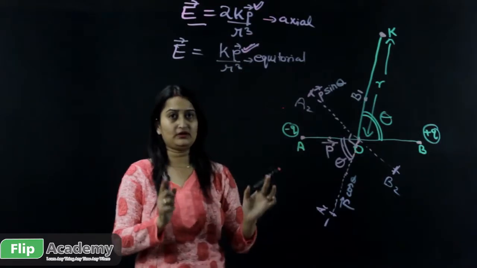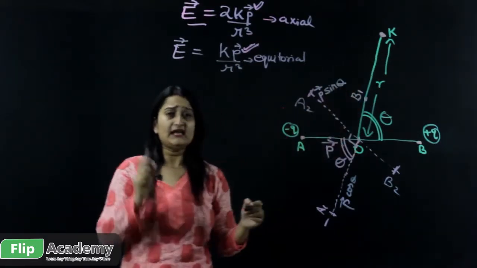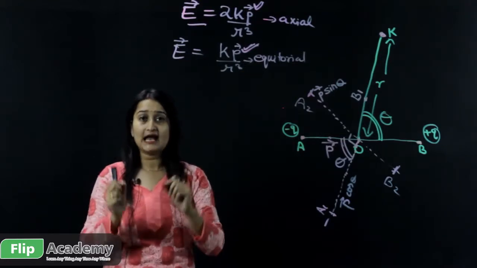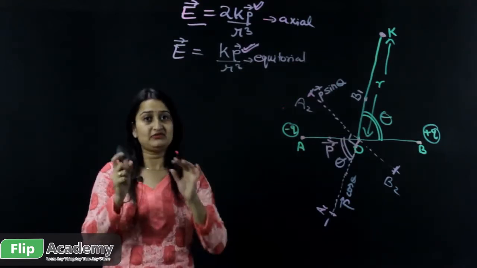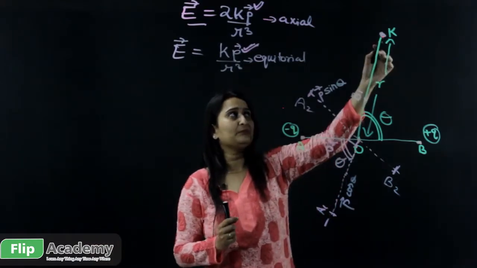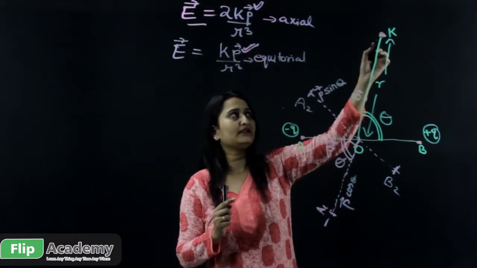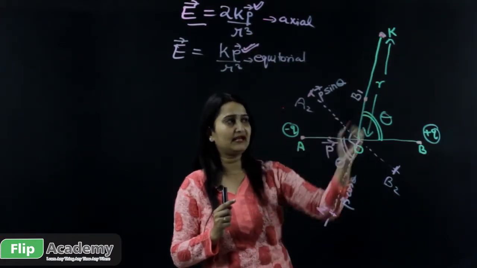Referring to this particular figure, can I ask you a very simple question: at point K, can we use the axial line and equatorial line? Yes, we can use them, but how? You can see here at point K. Now look, A1 and B1, just measure point K with respect to A1 and B1.